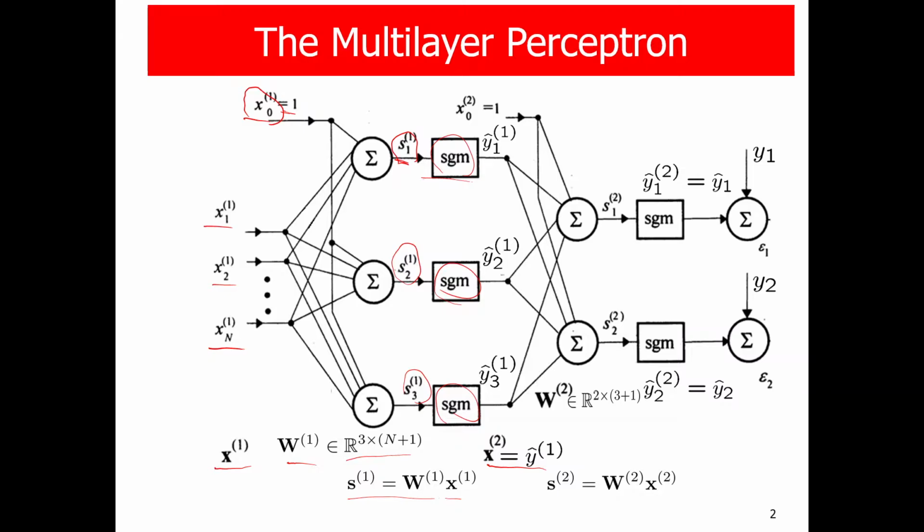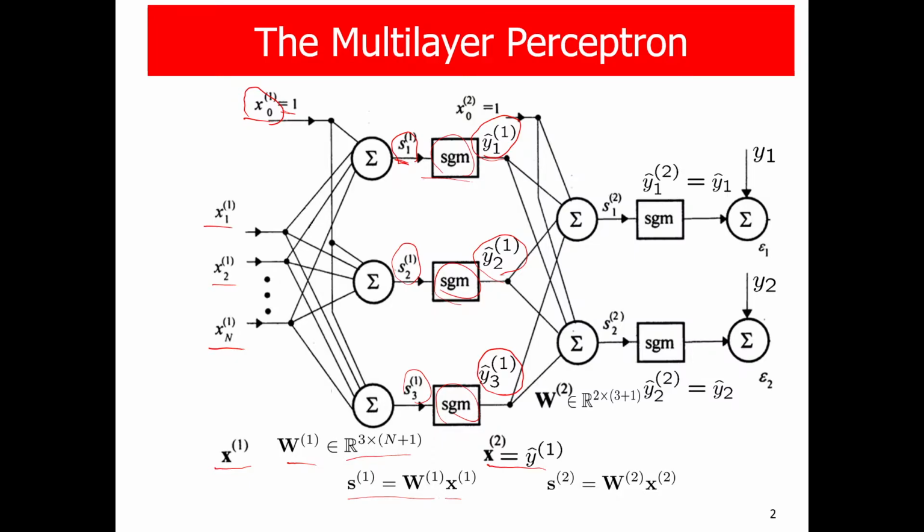The components of y hat 1, that is the outputs of the 3 neurons in the first layer, are denoted by y hat 1,1, y hat 1,2, and y hat 1,3. This is how we calculate the activations of the 3 neurons in the first layer.